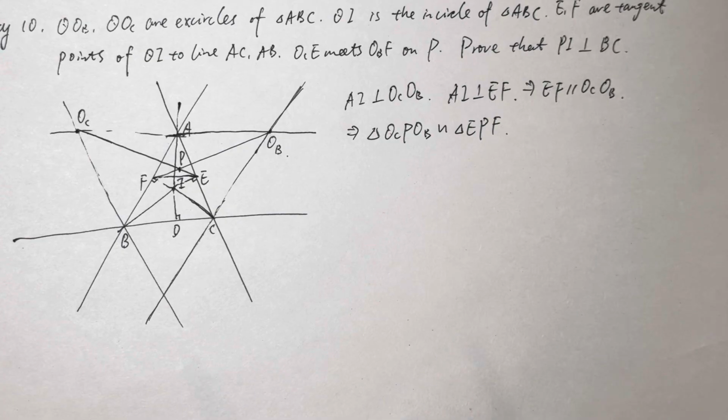For example, in property 7, we want to prove the perpendicular relation, so we have to use Menelaus's theorem twice. And in property 8, we also use Menelaus's theorem twice.